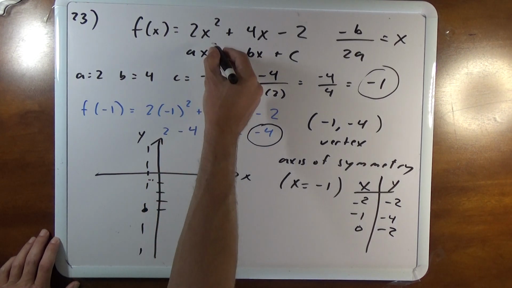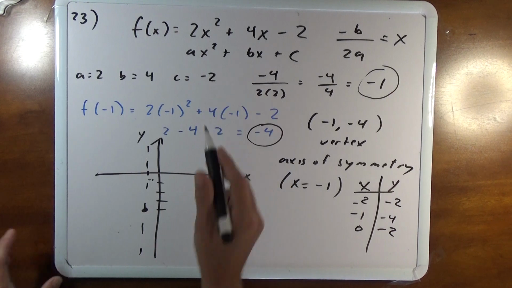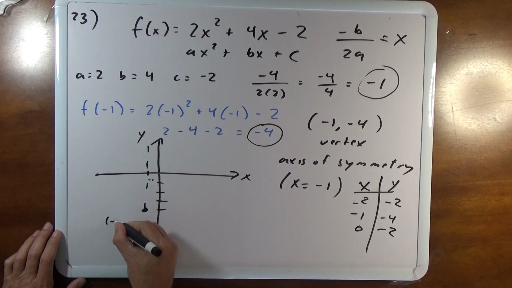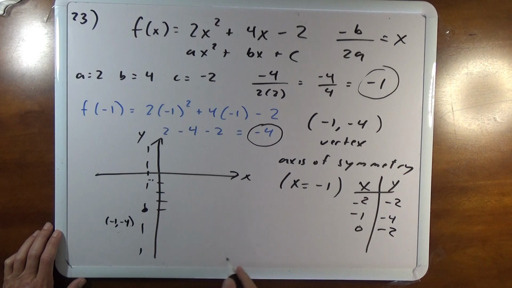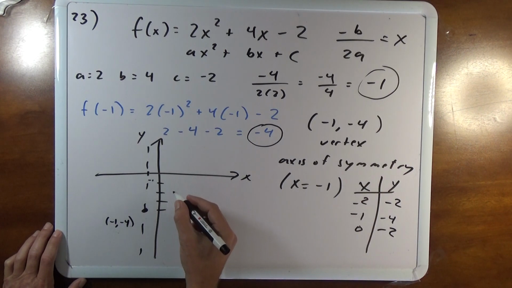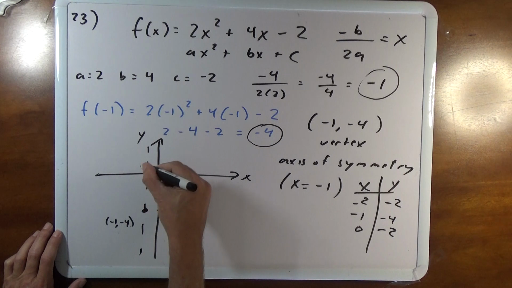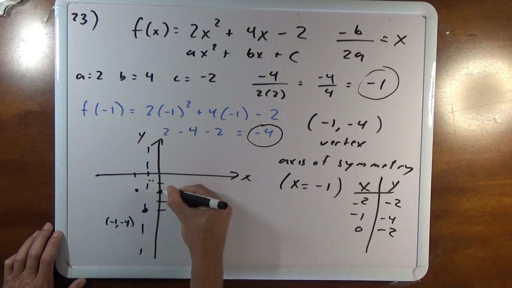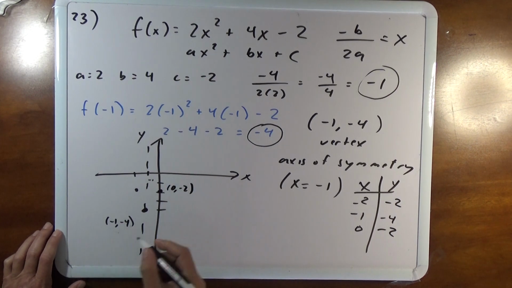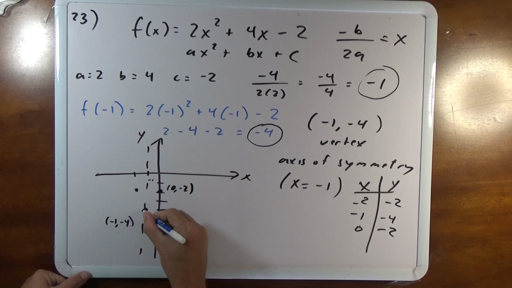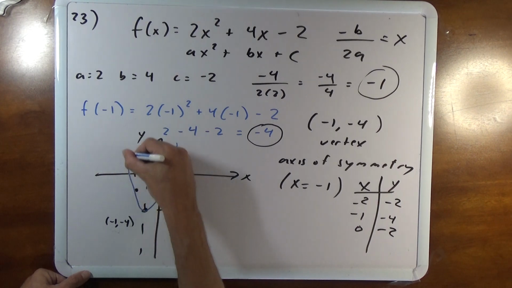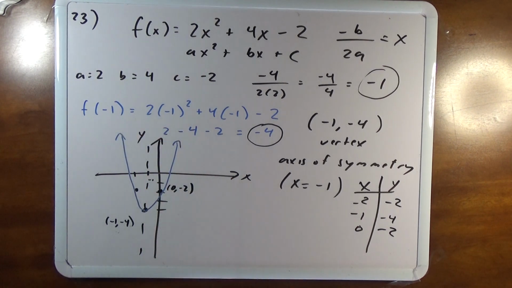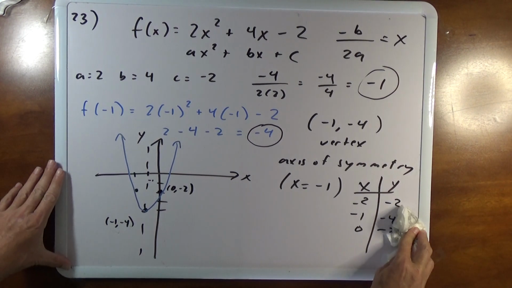This is going to open upward, so I'm going to put -1, -4, and then my other points are -2, -2, and 0, -2. 0, -2 is our y-intercept. -1, -4 is our vertex. Okay, let me take this one down.